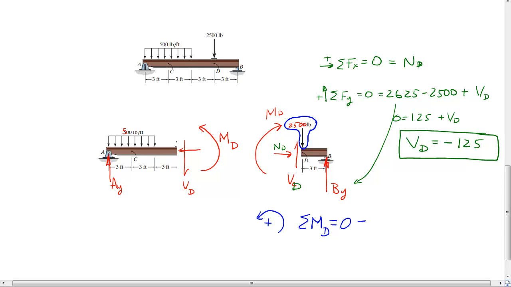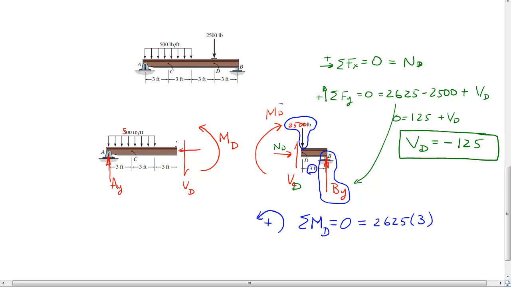So the only moment you get is due to this load, which we checked before, and it was 2625. The moment arm there, 3 foot. Is it positive? Yeah, because if it went around that, that's the same direction as this.